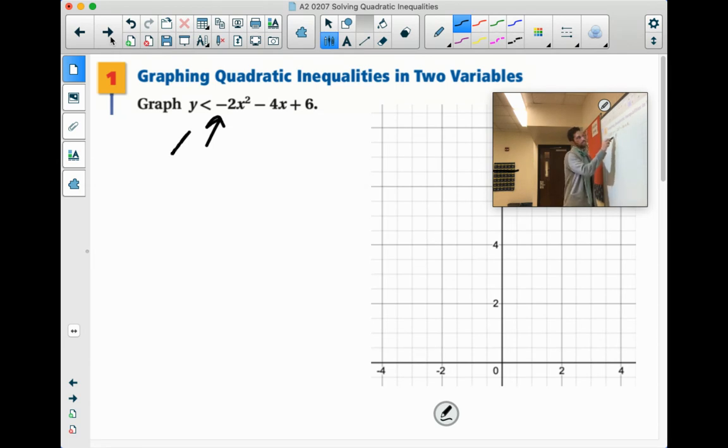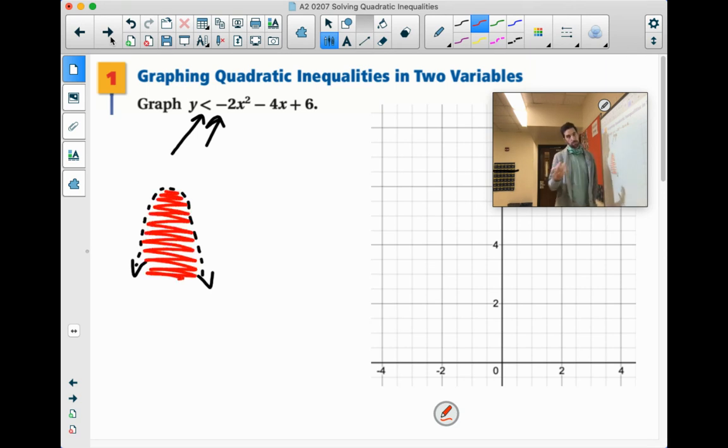We see that it says less than, so that means it's going to be a dashed line like this, right? And if it's less than, you're going to shade underneath that parabola. So it's going to look something like this. And that's good to know, especially right away, because then if you come up with something that looks nothing like that, you're like, oh, wait, I thought it was supposed to be upside down and shaded underneath.